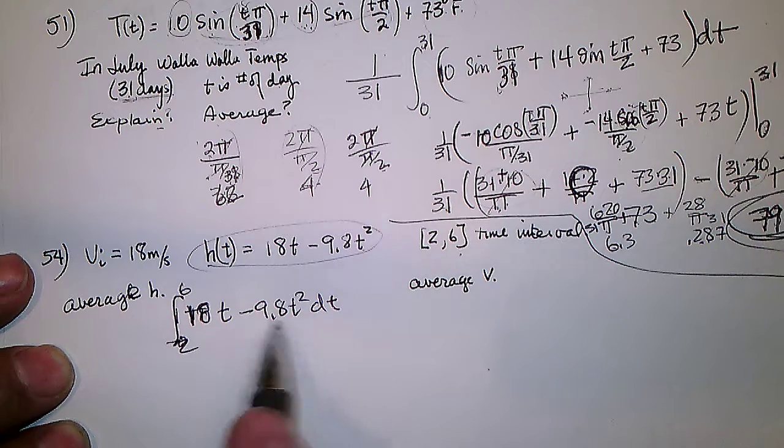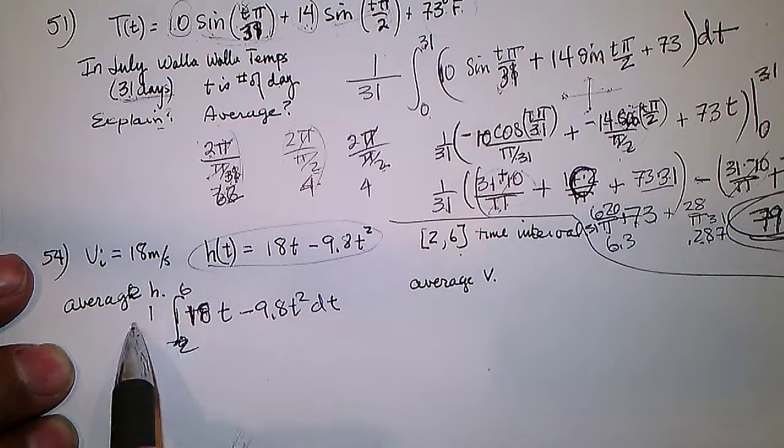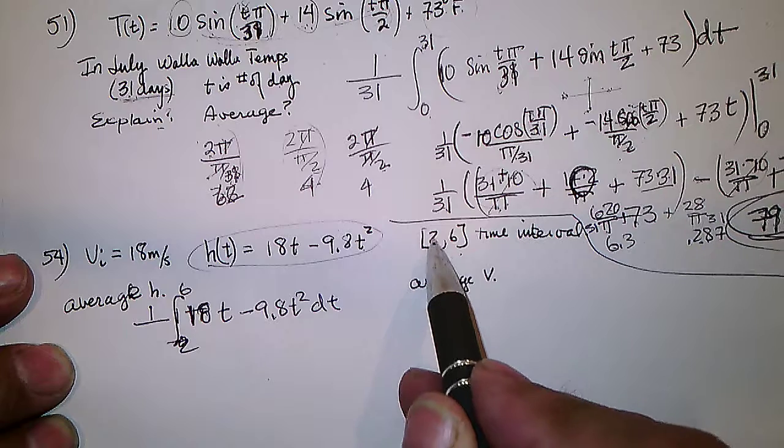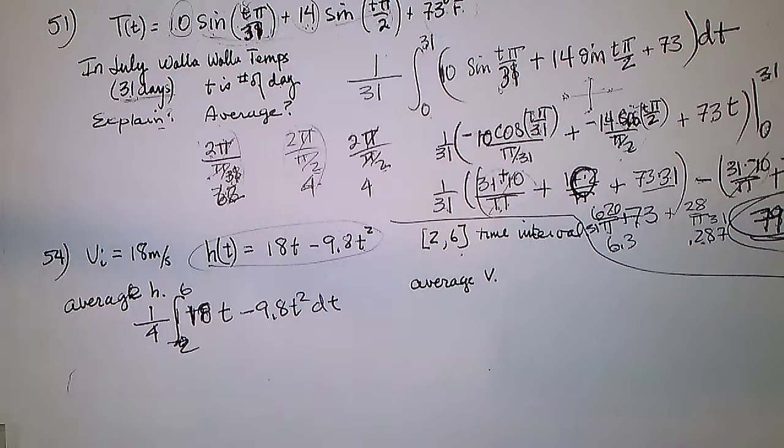That's the area divided by the width, which is 1 over 2 to 6 is 4. And that would give us the average height.